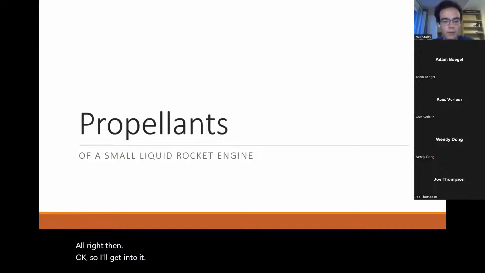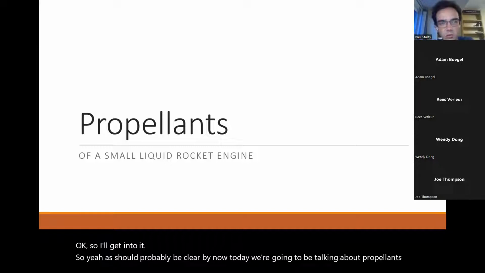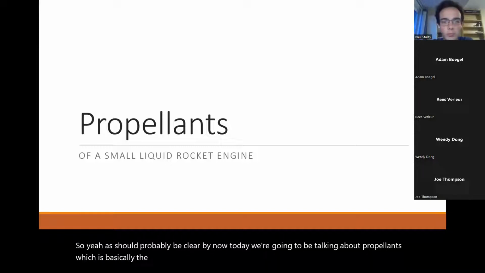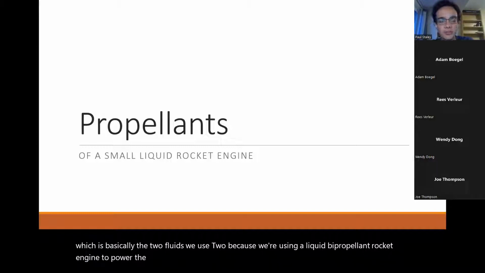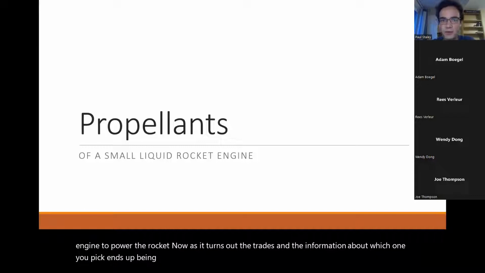So, as should probably be clear by now, today we're going to be talking about propellants, which is basically the two fluids we use, two because we're using a liquid bipropellant rocket engine, to power the rocket. Now, as it turns out, the trades and the information about which one you actually pick ends up being very practical and very easy.